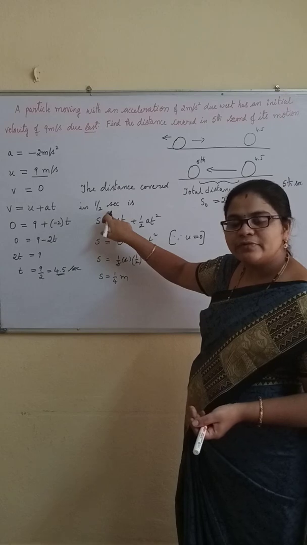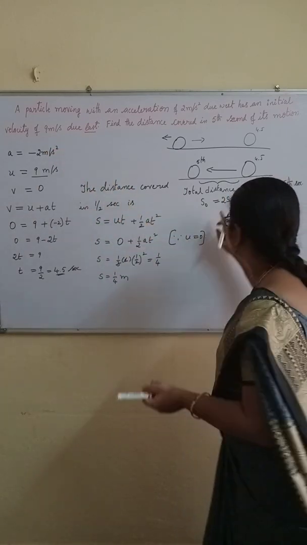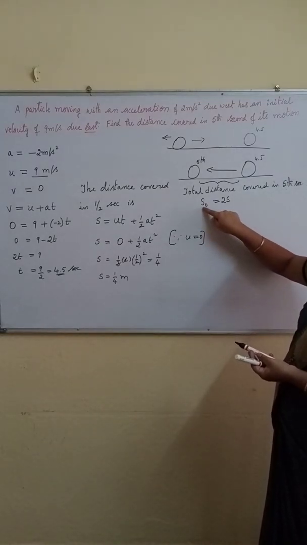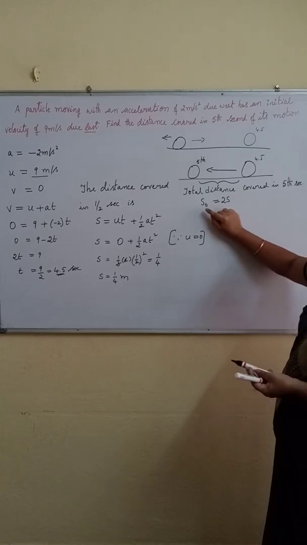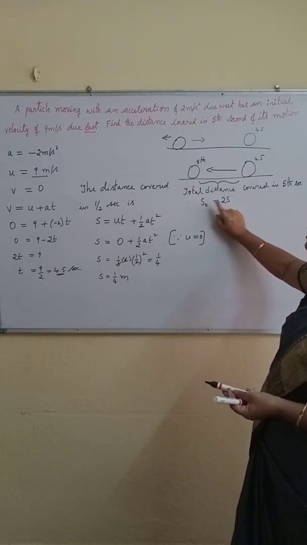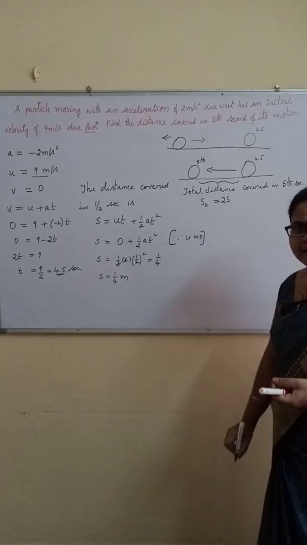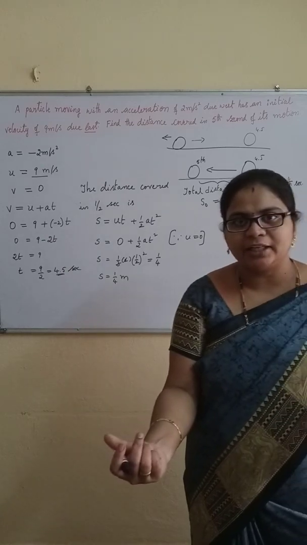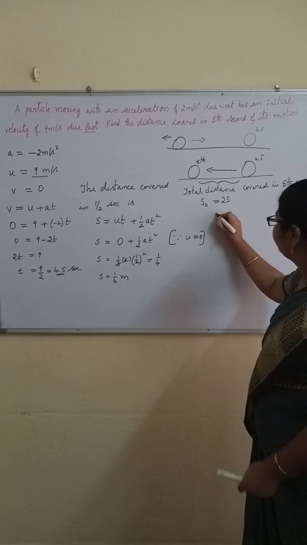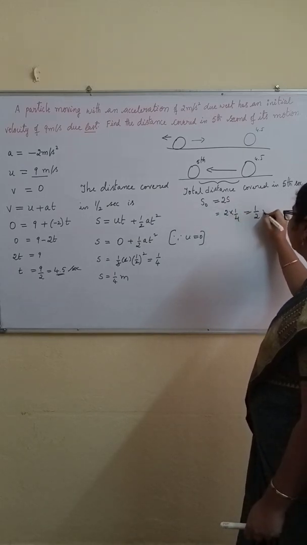So the total distance will be into 2, so 2S. Understand? This is very important. S naught is the total distance covered, and that should be equal to 2S, because what we found is the half second distance. Total distance means into 2. 2 into 1 by 4 is equal to half meter.